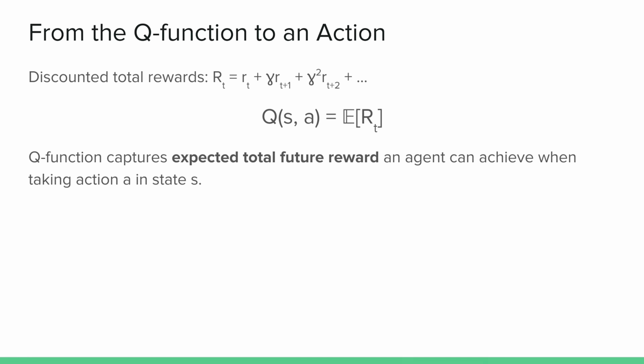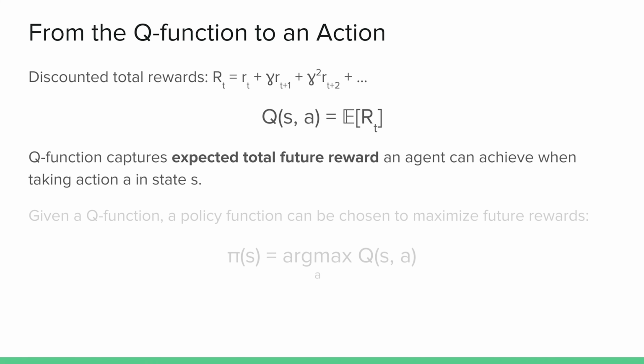When we have such a function Q, that is the expectation of this total reward, we can say a policy function to say which action I should actually take is basically just taking whatever action gives us the highest reward. So we take the argmax of Q given a certain state.